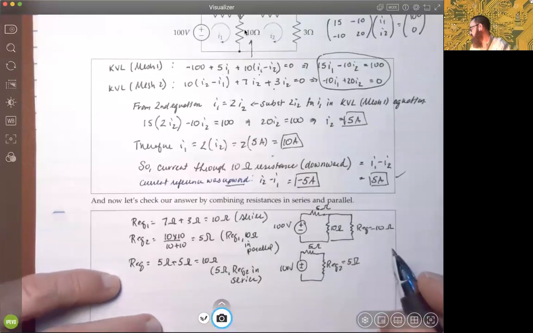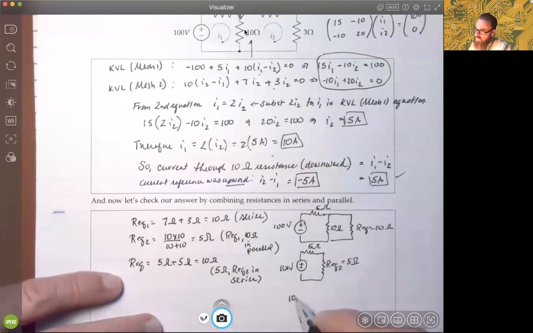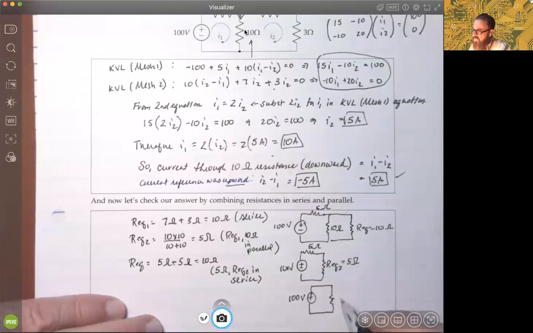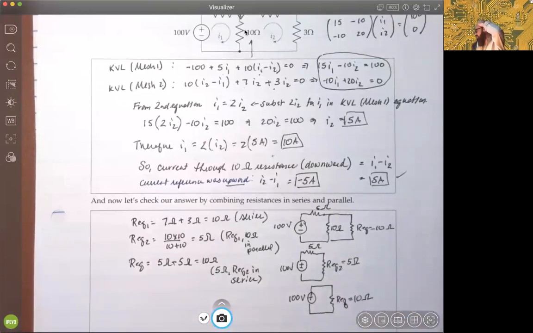So then finally, we've produced this final equivalent of just a single 100-volt source with an equivalent of 10 ohms. REQ is 10 ohms, okay? Right?